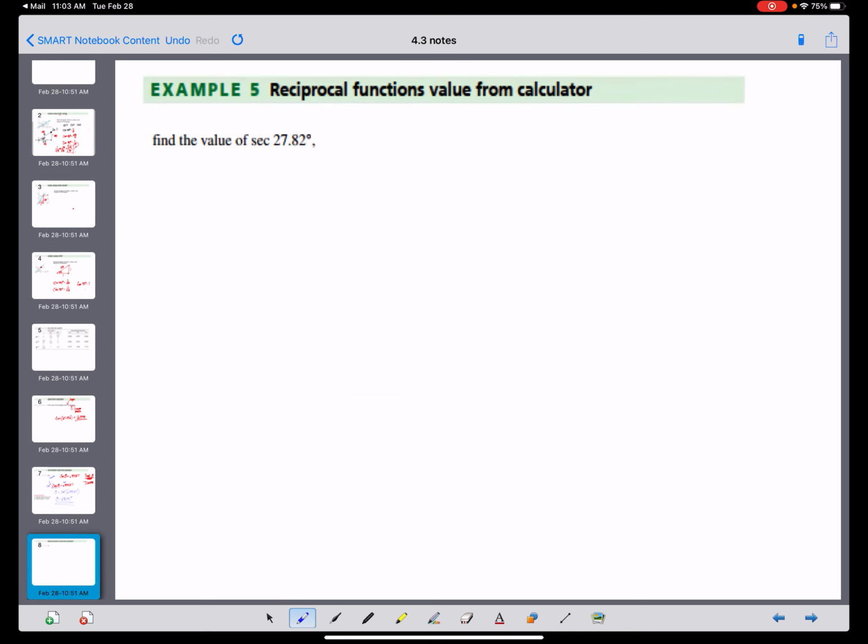See what else we got. Find the value of secant of 27.82 degrees. So here we're going back to, they gave us an angle. Hey, we have 27.82 degrees. This is our angle. When they give us an angle, we're trying to find the secant of that angle. Remember, anytime right after a trig function comes the angle, right?